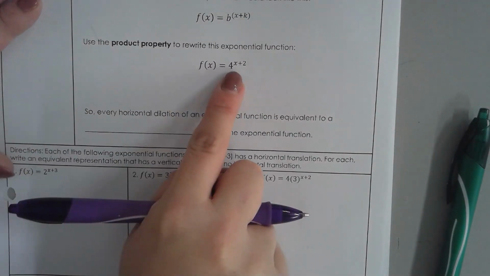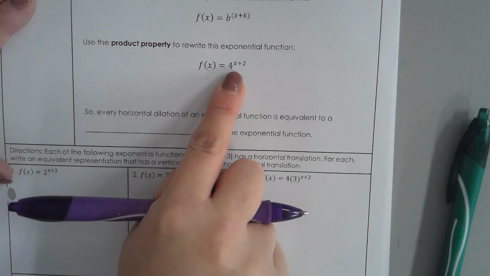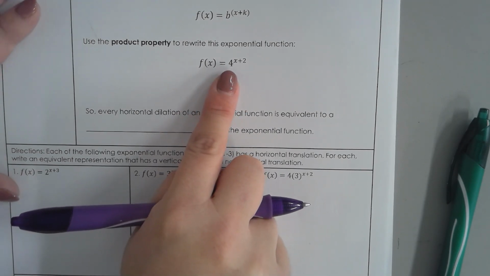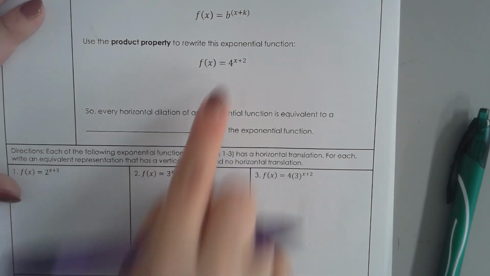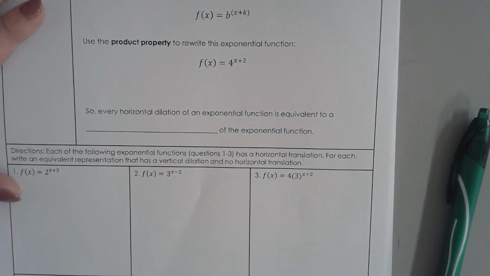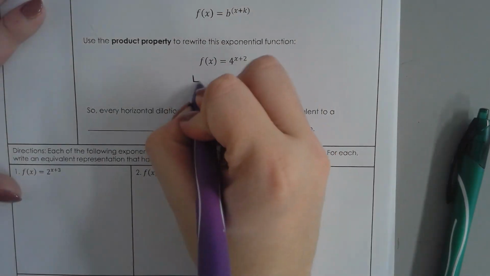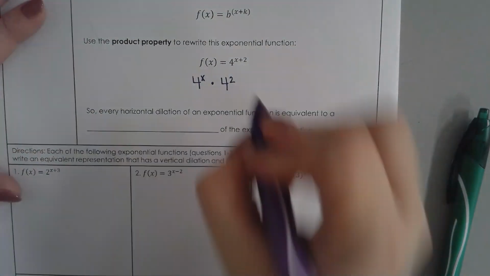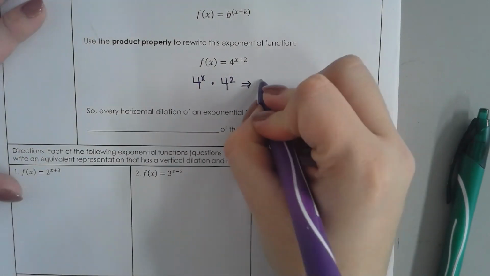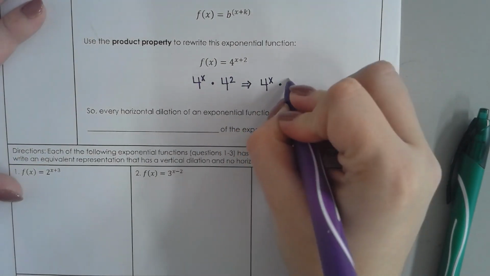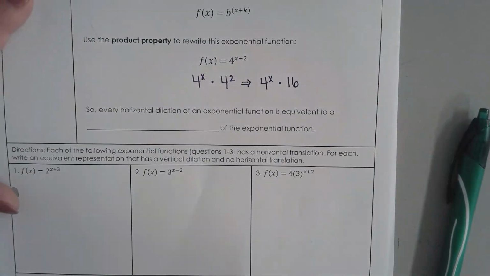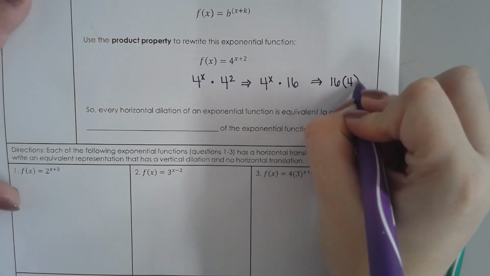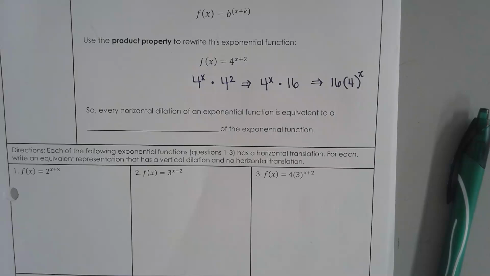How did we rewrite, using those exponent rules, 4 to the x plus 2? What was my next step? How did I get to the 16? 4 to the x times 4 to the second, which we know is 4 to the x times 16, which is really 16 times 4 to the x.